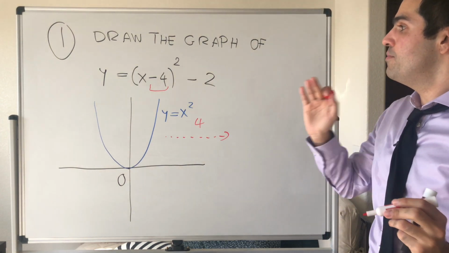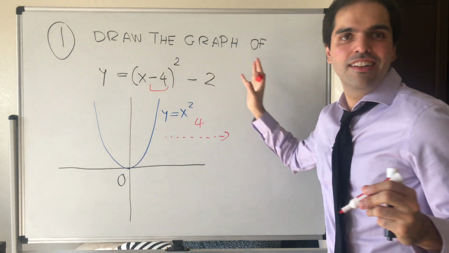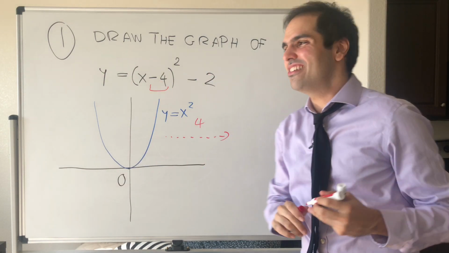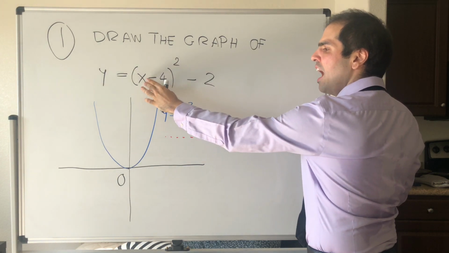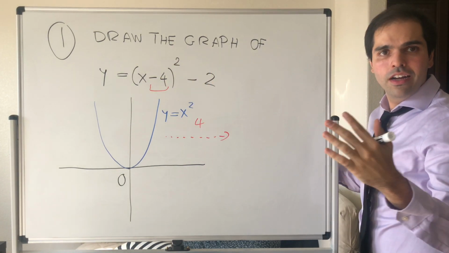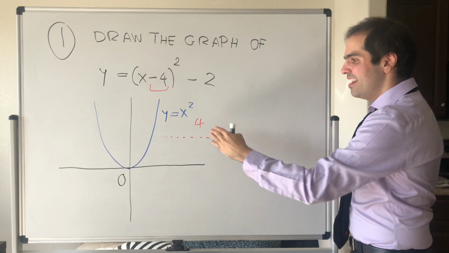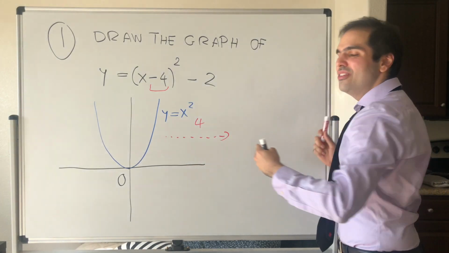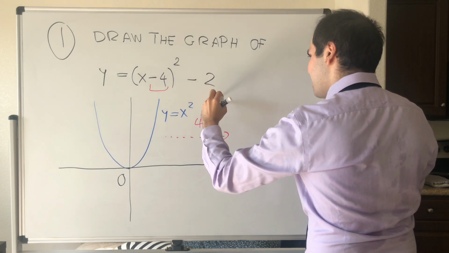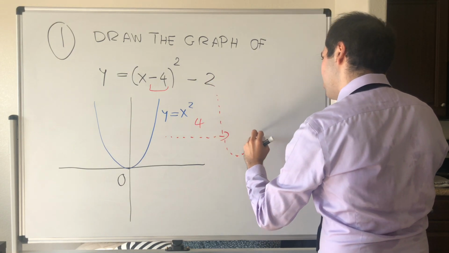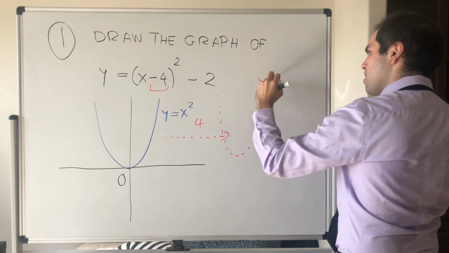I know this seems a bit paradoxical because minus 4 would mean shifted to the left, but think of it in terms of time. If you do time minus 4, it's kind of time is running out, and you're shifting the graph to the future a little bit. So the graph of (x minus 4) squared would kind of look like that.